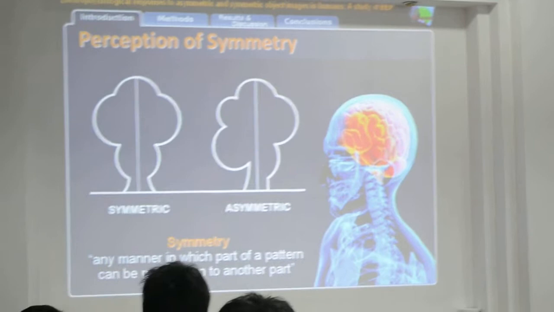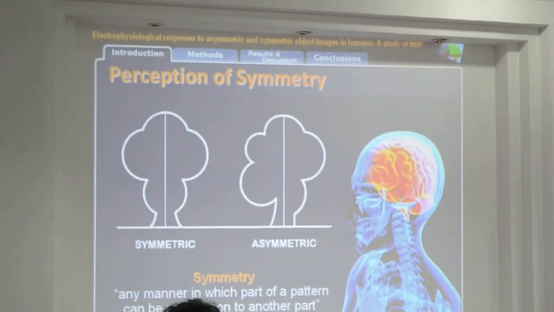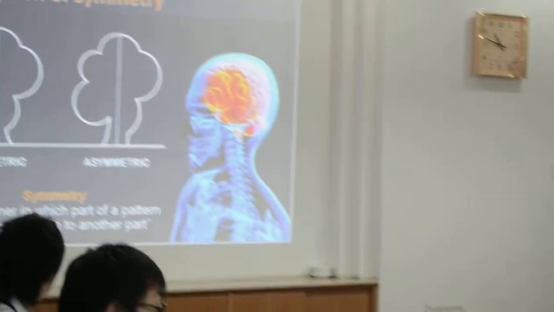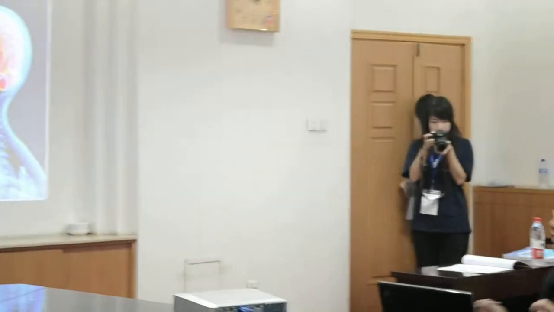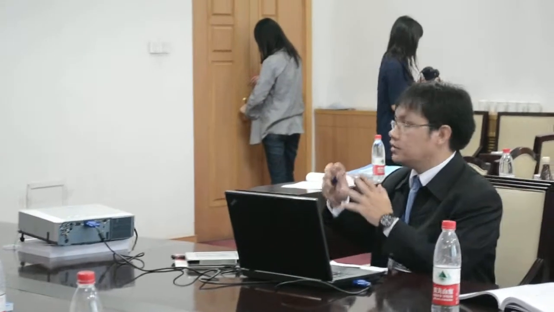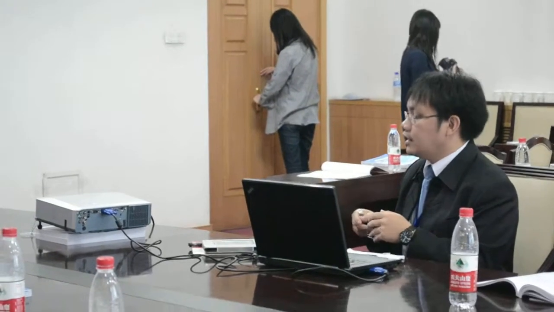It is our perceptual mechanisms that allow us to extract the structural difference between these two pictures, and come up with what we call the perception of symmetry.